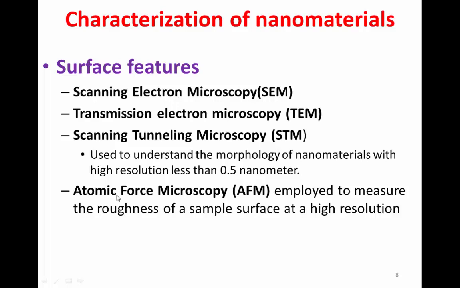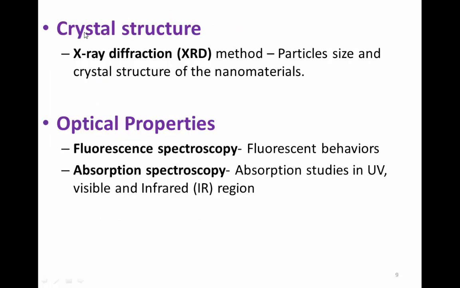The atomic force microscopy is employed to understand the roughness and surface topology of the nanomaterials, and also this is used to understand the mechanical property of the given nanomaterials. Crystalline properties of nanomaterials are studied by powder X-ray diffraction method. From this method, crystallite size also can be determined.